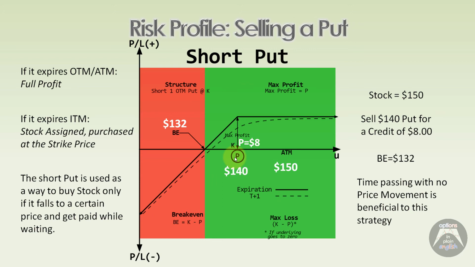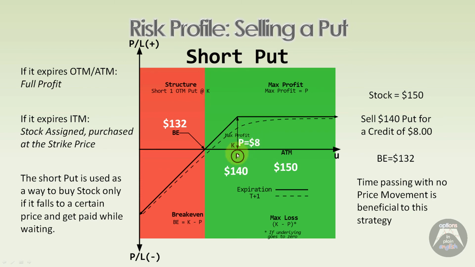But if you do have that, then you sell the put and you wait. And let's say it never gets to 140. It goes to 160, so you miss the boat. Well, you missed the boat, but at least you get to keep the premium, the credit that you got for selling the put.